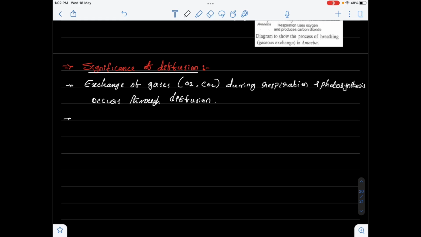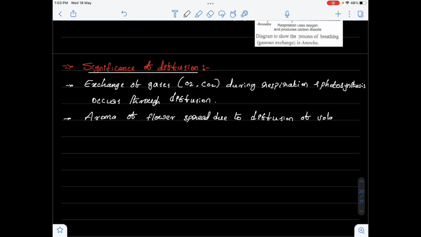And if you see one more example, aroma of flowers spreads due to diffusion of volatile aromatic compounds in air.